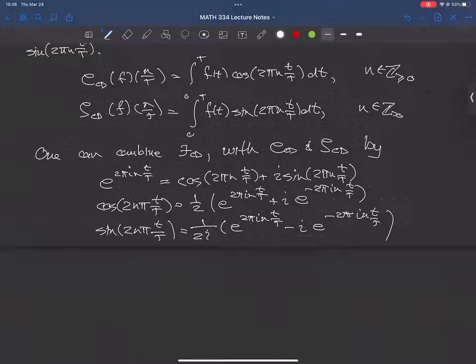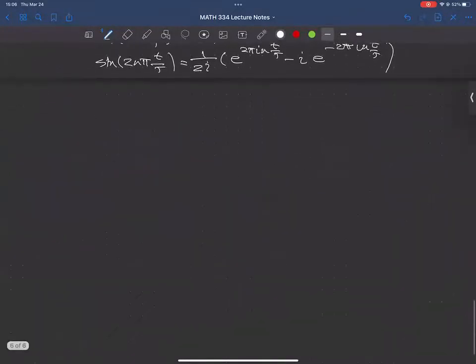So the point is you can freely go from these two to this one and back. And that is something we will never do again, but some people do it that way.